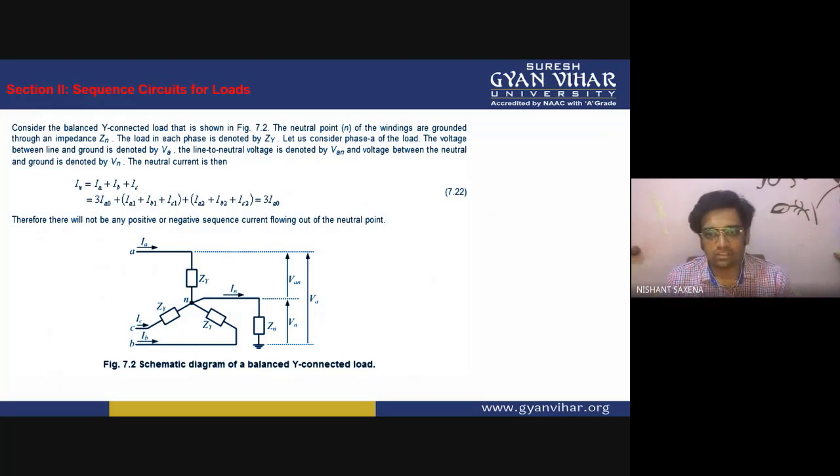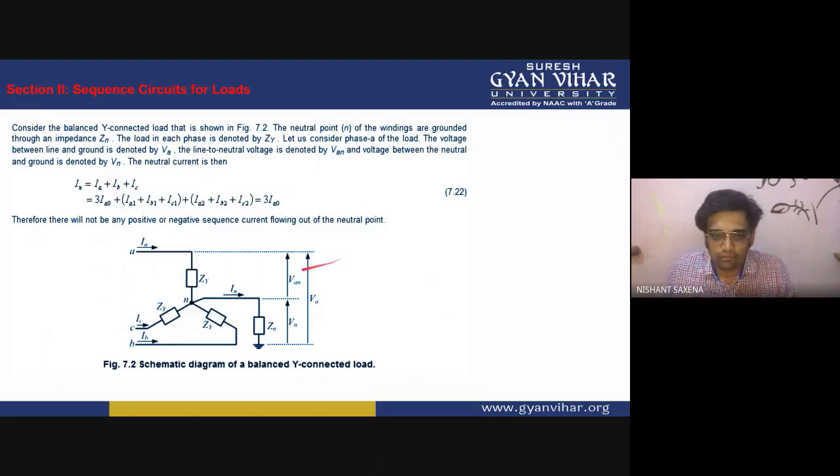So the load in each phase is denoted by ZY, and the voltage between the line and ground is denoted by VA. The line to neutral voltage is denoted by VAN, and the voltage between the neutral and the ground is defined by VN.